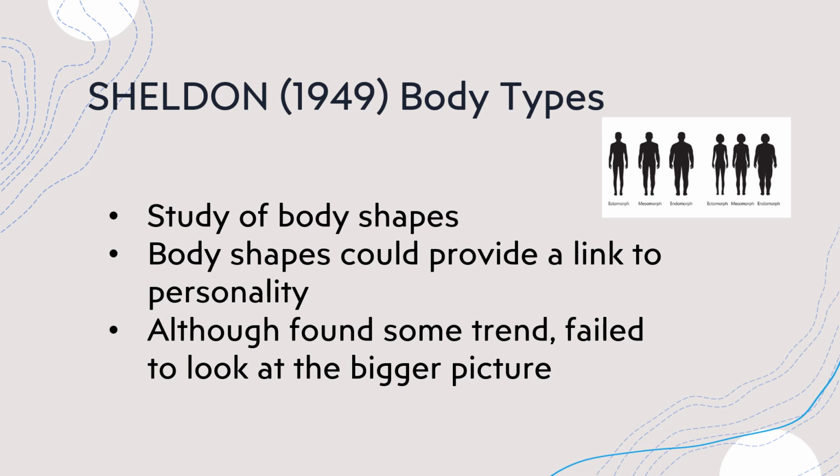He looked at three different types: the ectomorph was the slim, thin build, and the endomorph was the fuller, rounder build, and in between was the mesomorph. He said this was the type more prone to criminality because the personality of that type of person makes them slightly more aggressive, and if this is the case, they may have tendencies towards criminality.